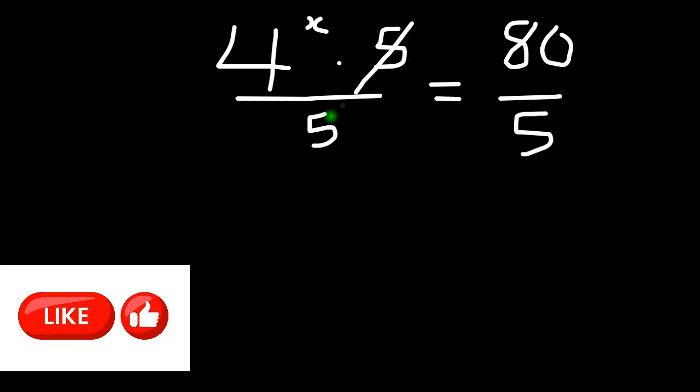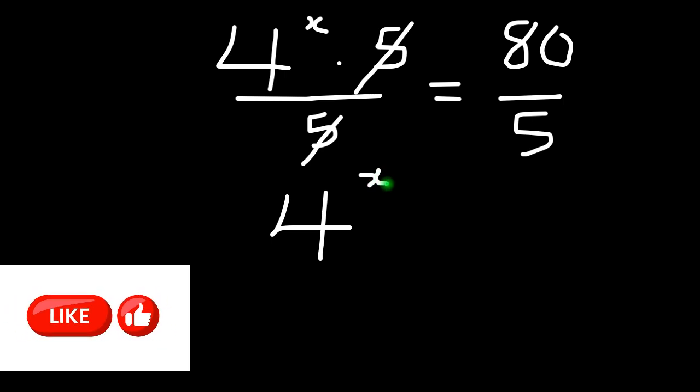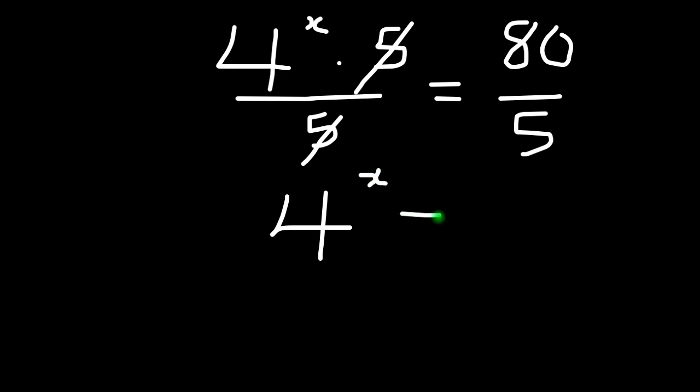So this 5 cancels this 5. We have 4 raised to power x equals to 80 over 5.